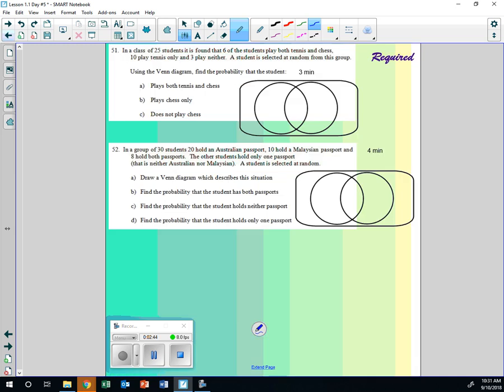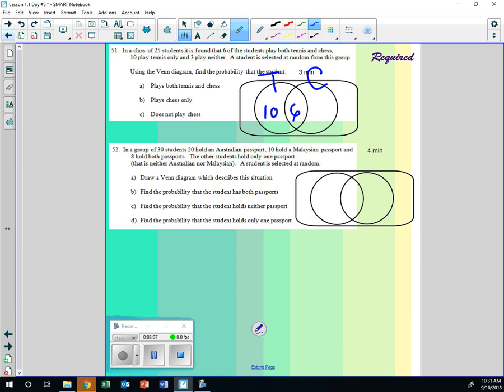Let's go back. Let's do this tennis one. It says, in a class of 25 students, it's found that 6 played both tennis and chess. 10 play tennis only. So if 10 play tennis only, would this be a 4 or a 10? 10.